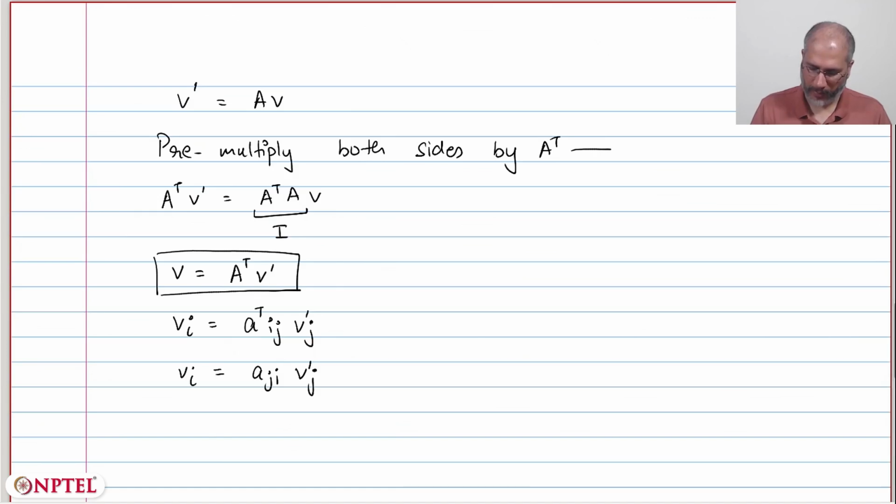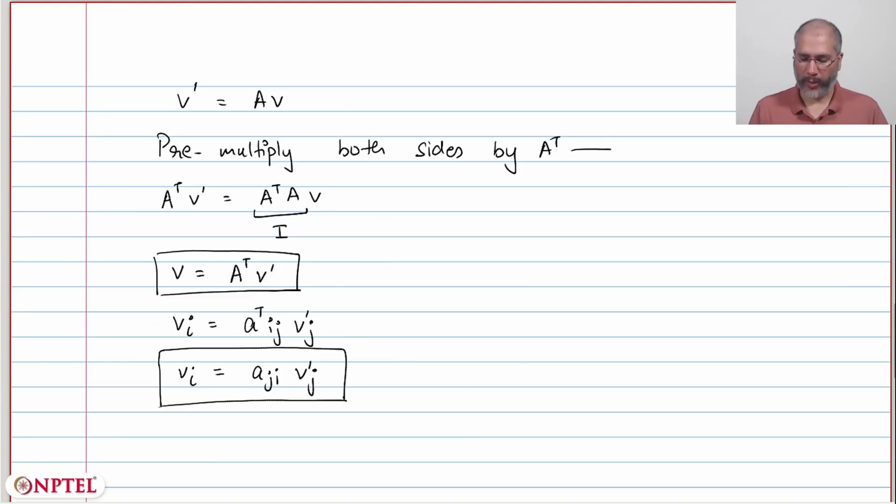So this is the index form of the vector transformation law in the reverse order. So if we have the primed vector components available, we can find the base or the non-primed components using this rule.